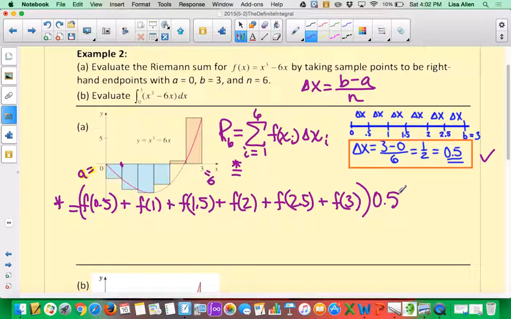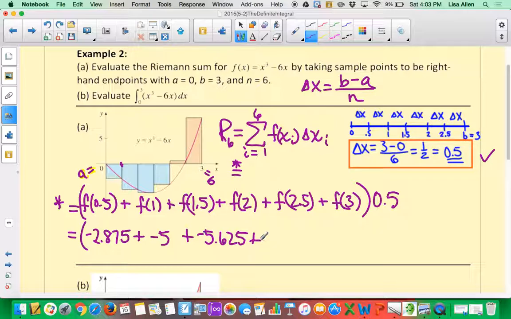Now we put in the function values. They would be negative 2.875 plus f of 1, which is negative 5, plus f of 1.5, which is negative 5.625, plus f of 2, which is negative 4, plus f of 2.5, which is 0.625, plus f of 3, which is 9.